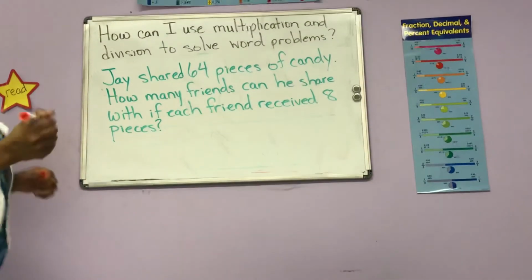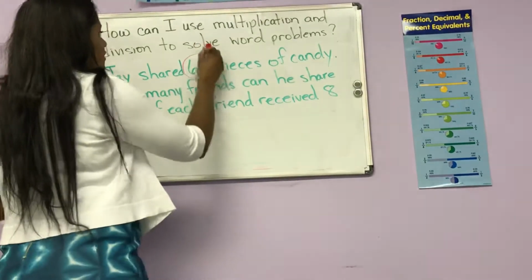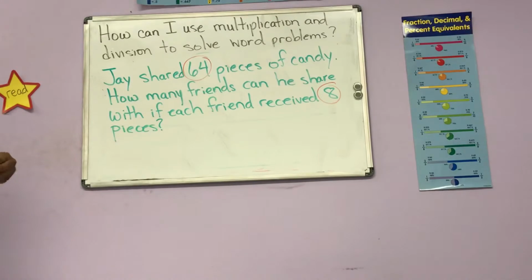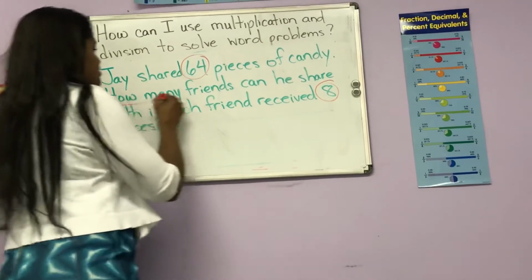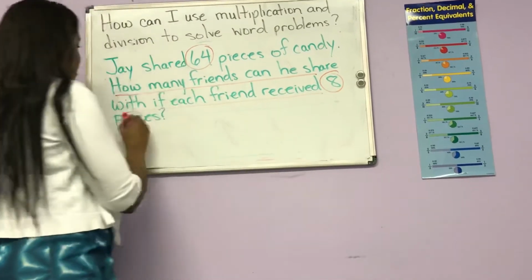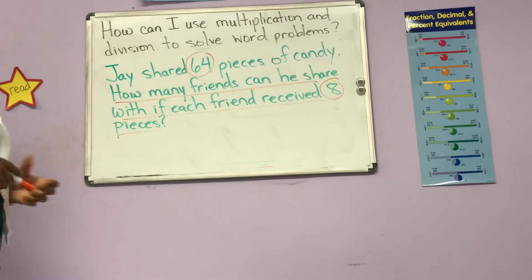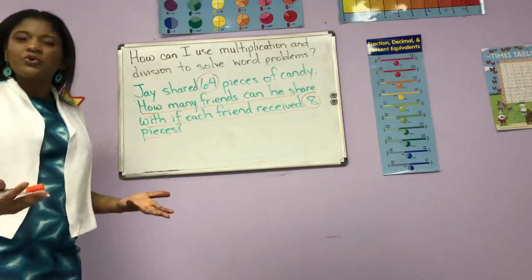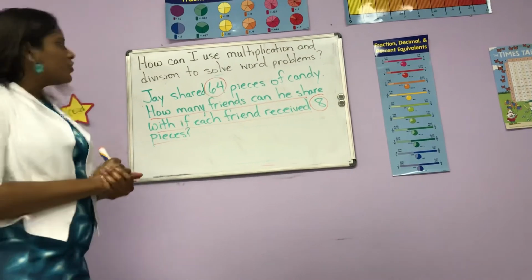All right, so our important numbers, we have 64 and we have 8. And we want to know how many friends he can share with. All right, that's our question. So again, we have 64 pieces, so that's our total. That's how many pieces of candy he has total.